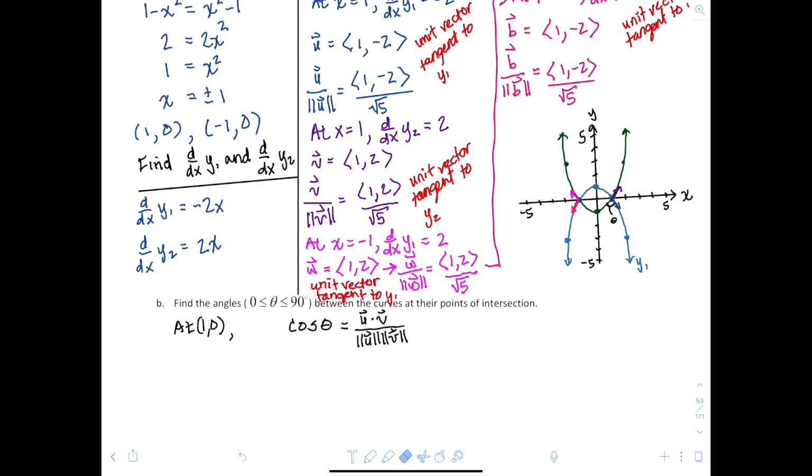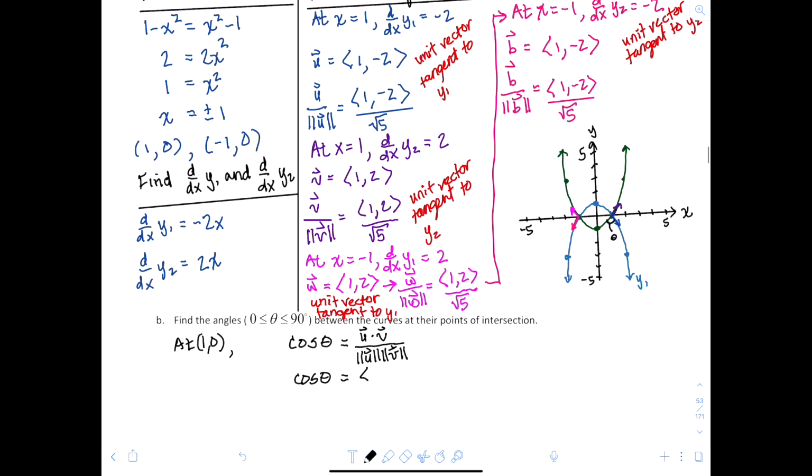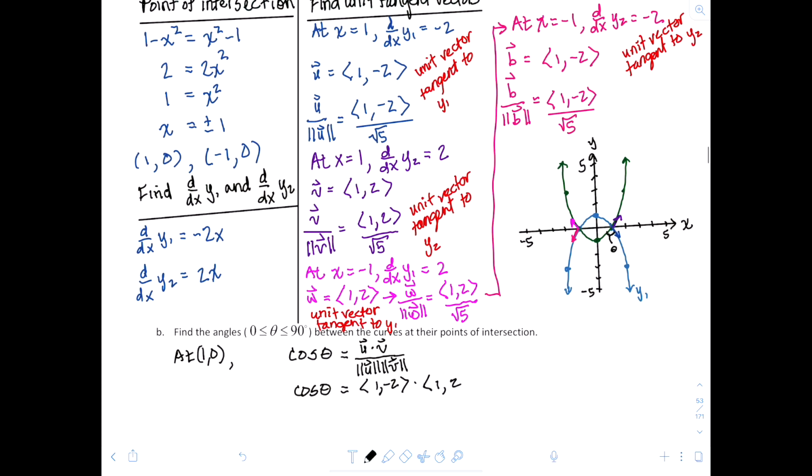So we would end up with cosine theta equal to the dot product of (1, -2) dot (1, 2), and then over those magnitudes we've already found, so it'd be √5 times √5.